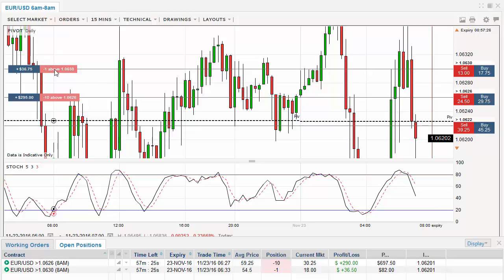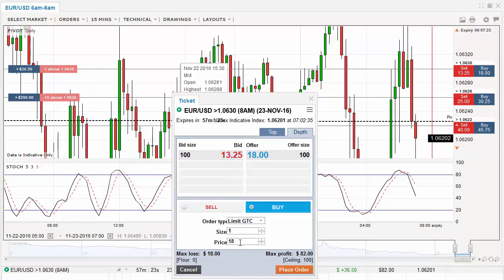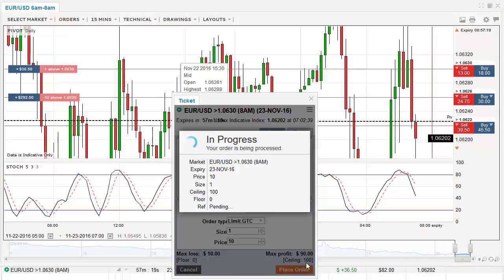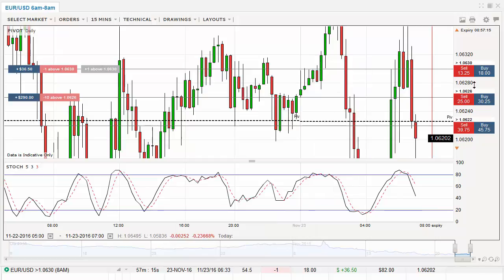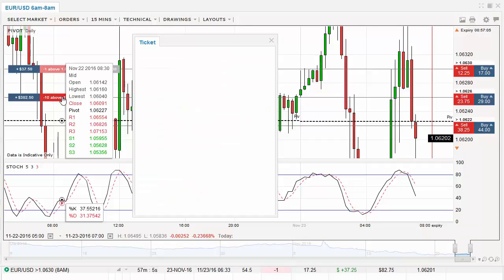Now I'm going to set a profit target on this one, and I'm going to set it at 10. What that means is if the buy price comes to 10 and there's a buyer willing to pay $10, then I will exit this trade. I can also do the same thing for this one.